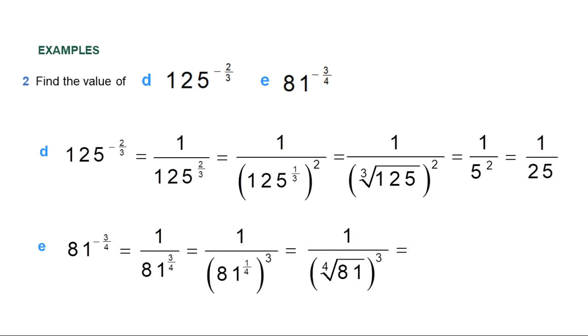I can go directly with that. And then 4th root of 81 is equivalent to 3. So it will be 1 over 3 to the power of 3. And 3 to the power of 3 is 27. Therefore, our answer here is 1 over 27.